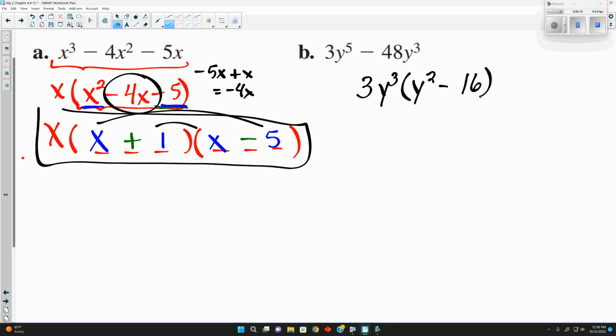Now, y squared minus 16 should be familiar. It's one of the ones that we like to factor a little bit more than the rest because it is a difference of perfect squares, which follows a squared minus b squared is equal to a plus b times a minus b.